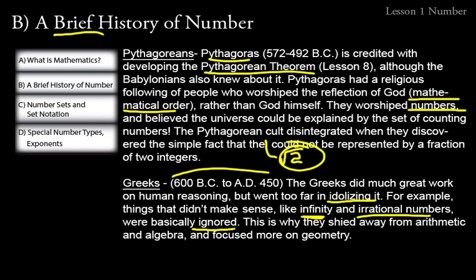And that's why they shied away from arithmetic and algebra and focused more on geometry, on making shapes with a compass and a straight edge, where they could make a triangle like this, so side 1, but they didn't have to worry about why this side was equal to the square root of 2.